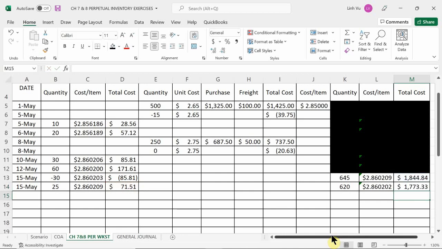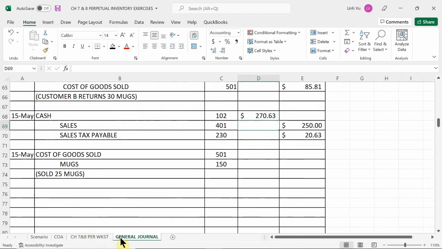So I should be left with $1,773.33. Again, it didn't drop by that much. Okay. So I have 620 units left, and I sold my 25 units. It cost me $71.51.